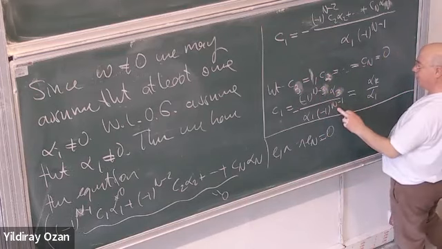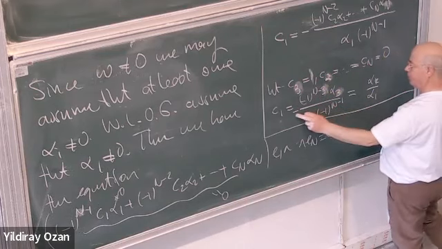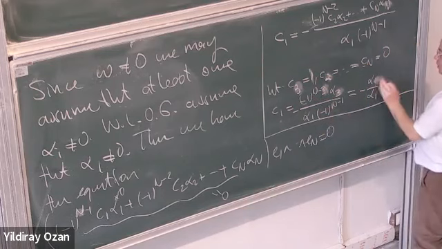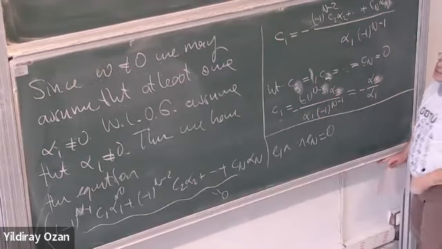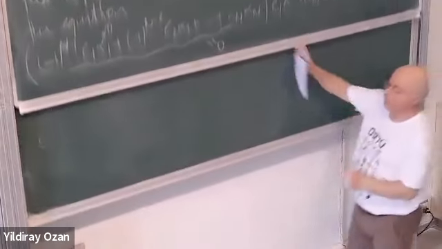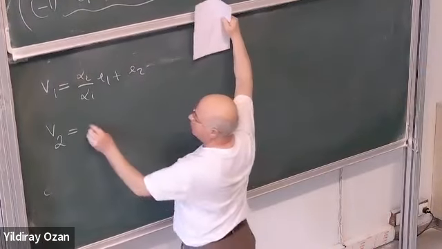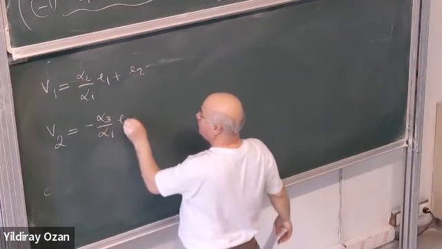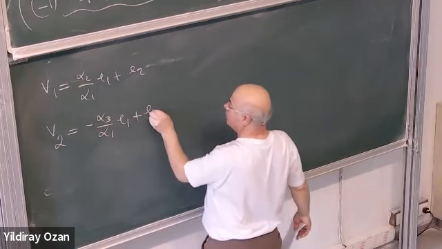This time the difference is 2, this is plus 1, minus 1, so it will be like this. What does this mean? So V2 will be just minus alpha 3 over alpha 1 E1 plus E3.